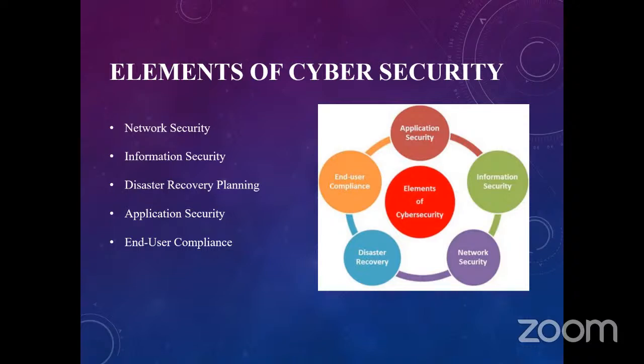Network security protects the network from unapproved access, for example between client and server, where unauthorized persons may be in between. Network security protects from that. These are the elements of cybersecurity.